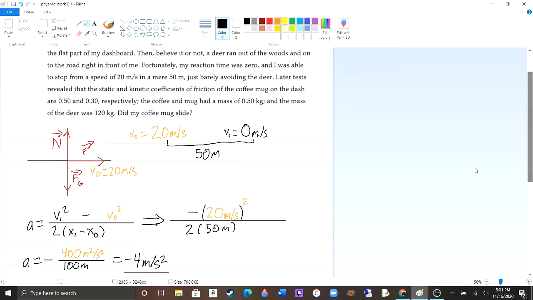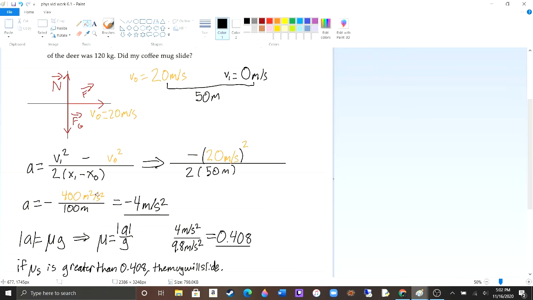So we have our diagram right here where our initial velocity is 20 meters per second. And so we're going from 20 meters per second of v0 to our final velocity of 0 meters per second because we stop in 50 meters.